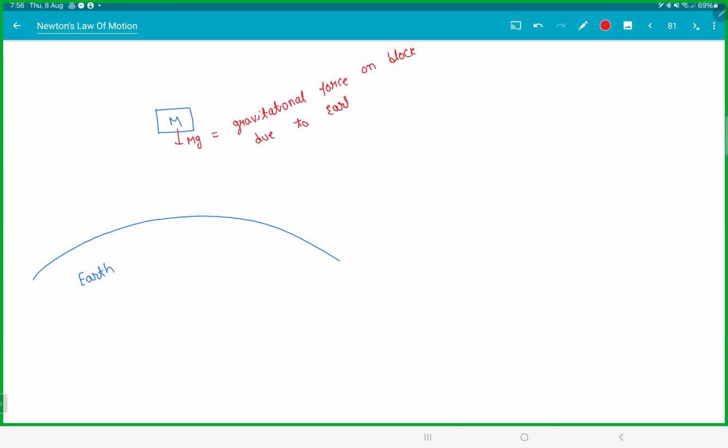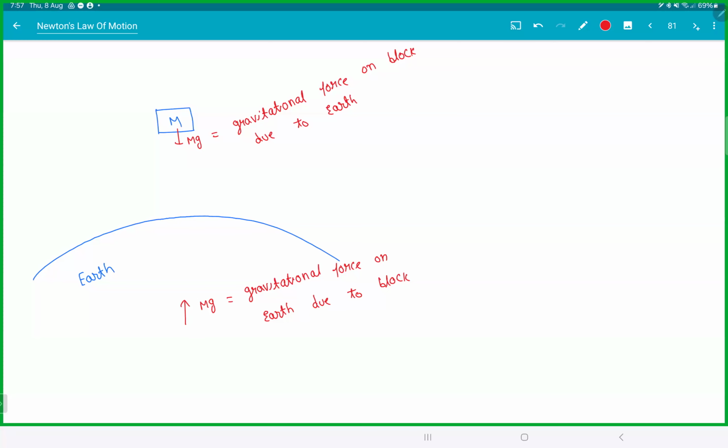And we studied in school that two bodies always attract each other. So the block also attracts the Earth with mg. This is the gravitational force on Earth due to the block. But this force is so small, and Earth is so big, that Earth doesn't move. So if the Earth attracts the block, the block also attracts the Earth. So there's an mg pair on the Earth.